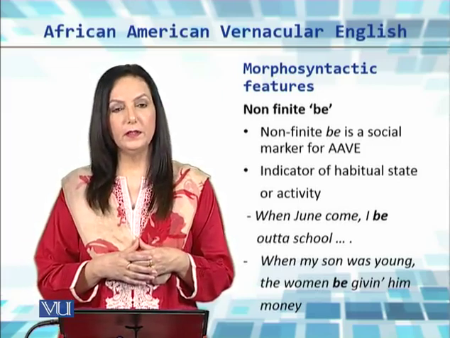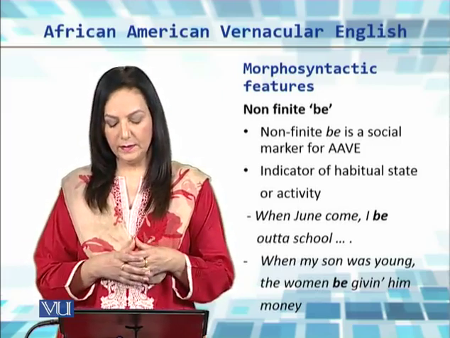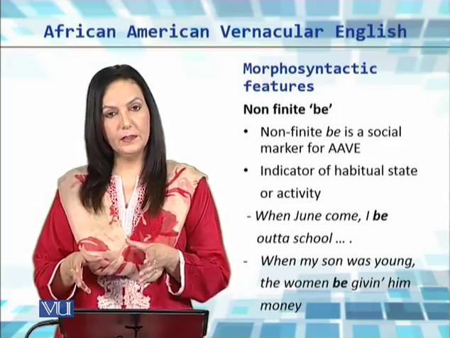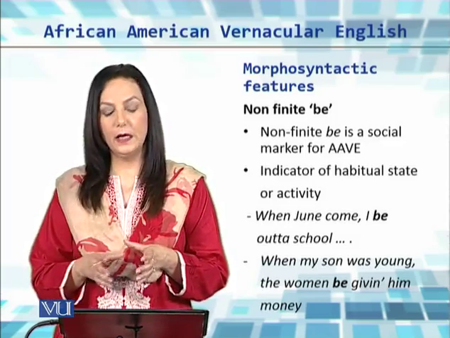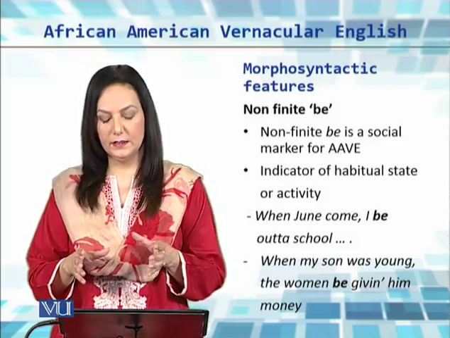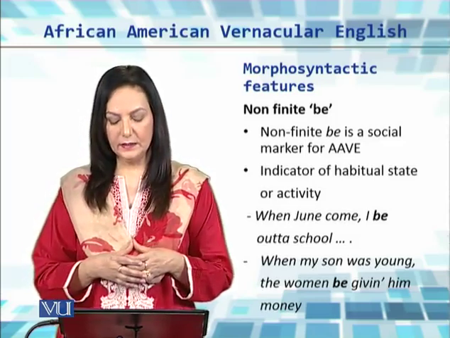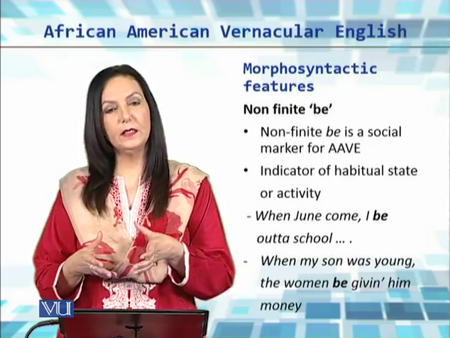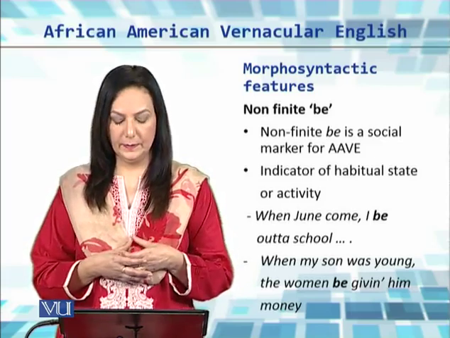For example, when June come, I be out of school. So I be here is used unmarked for number, tense or person, and it indicates a habitual state, that it will be a permanent thing.